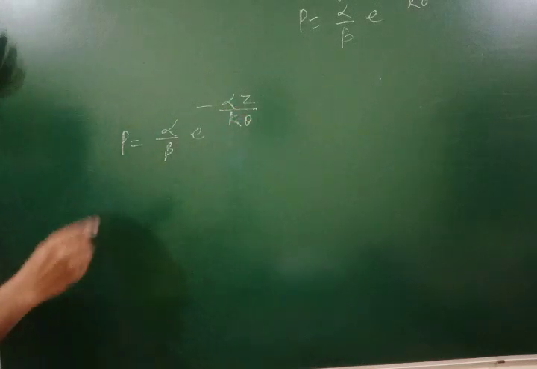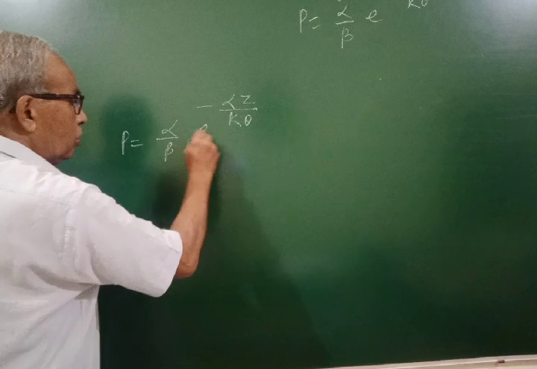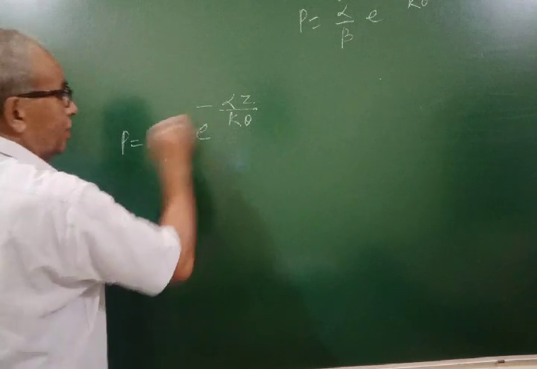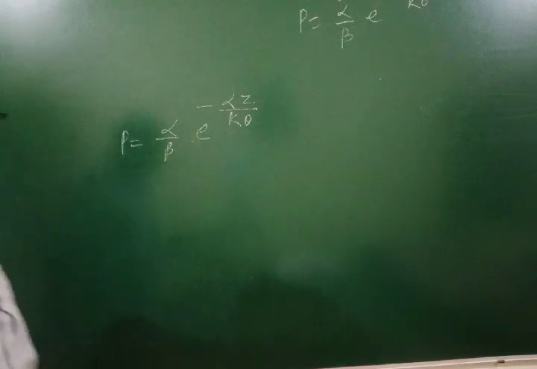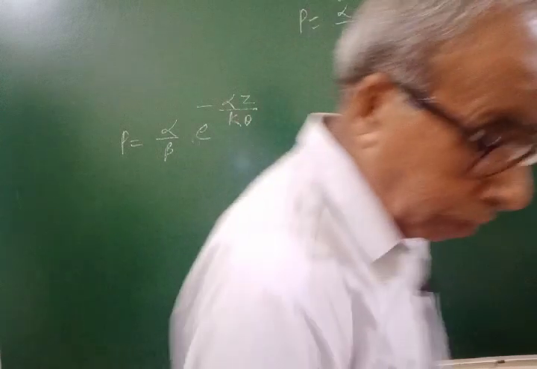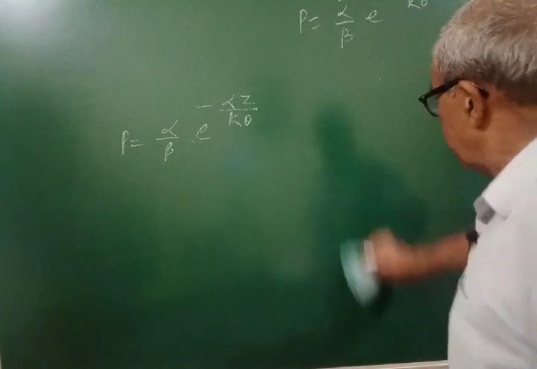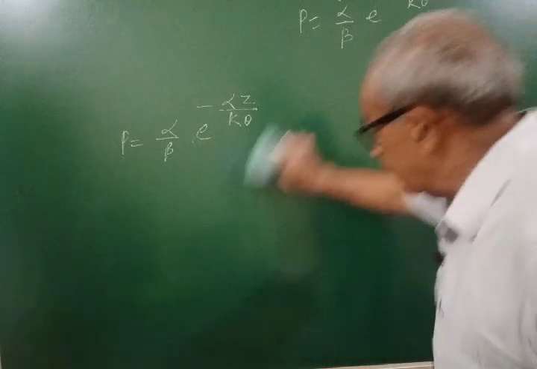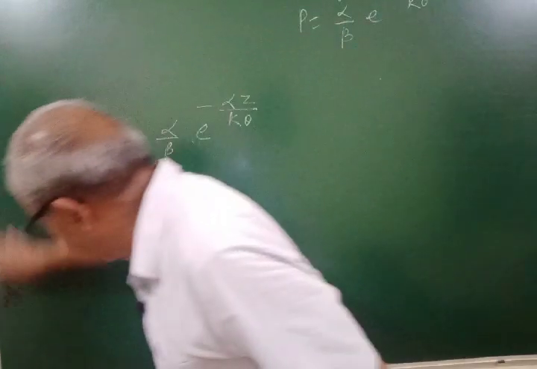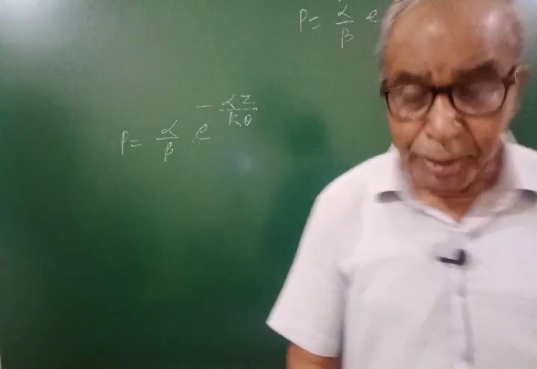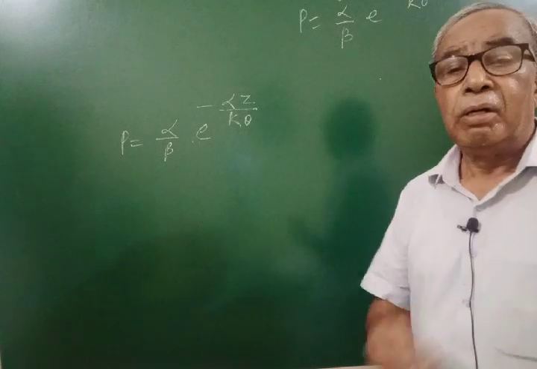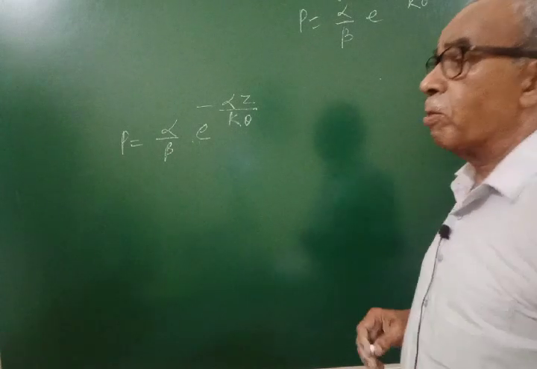There are many problems which we don't understand. E to the power है. People don't know what is E. In one video titled some fundamental mathematics used in physics, I have uploaded this video.